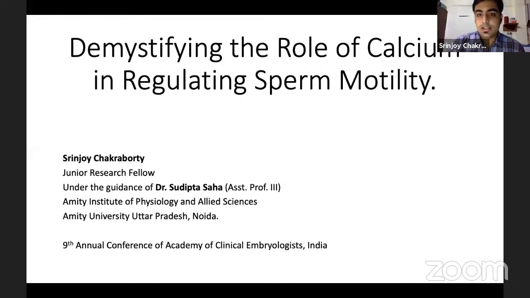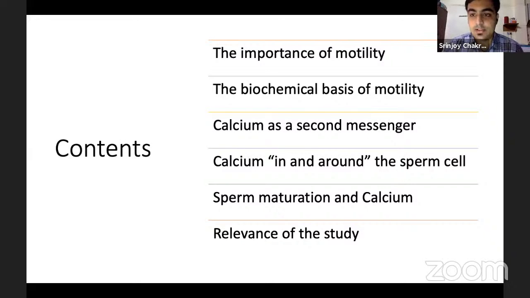We are primarily a sperm biology lab, studying the importance of motility. We deal with goat sperm cells because they are readily available in local slaughterhouses, so we don't need ethical clearance for that right now. But we'll be continuing our work and getting ethical clearances to start human studies as well eventually.